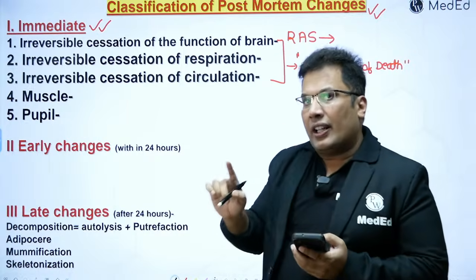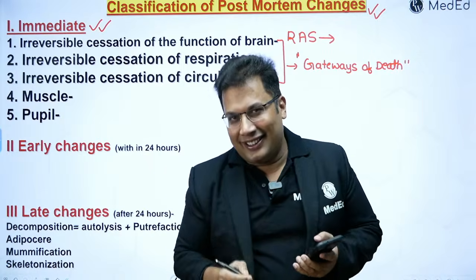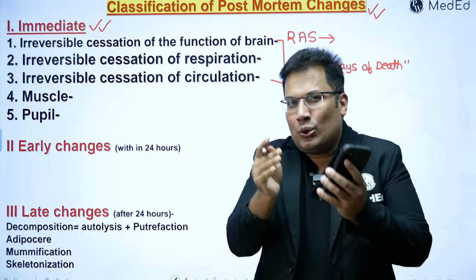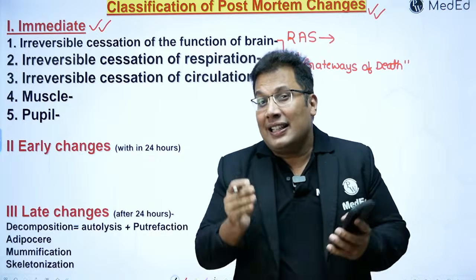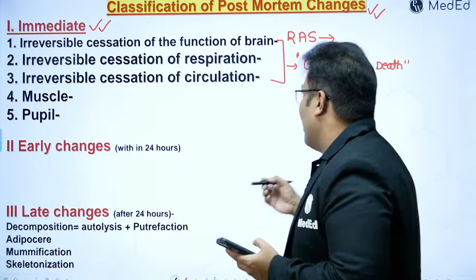Again, very important funda, very commonly asked in the exam. What do you mean by gateways of death? So gateways means either it can be respiration, CNS function, or circulation. It is known as Atria Mortis.